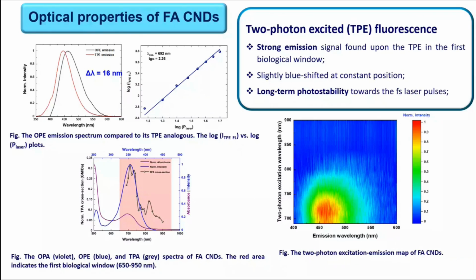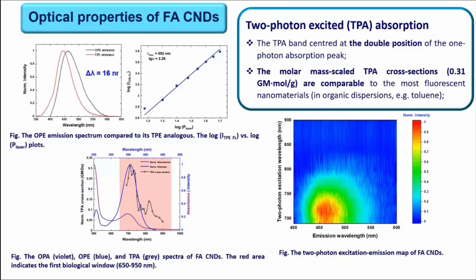And the molar scale 2-photon absorption cross-sections are comparable to most fluorescent materials, but those are mostly inorganic dispersions, for example, in toluene, whereas our carbon nanodots are actually dispersed in water.